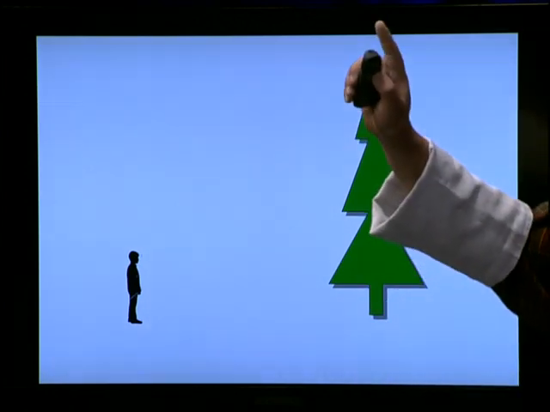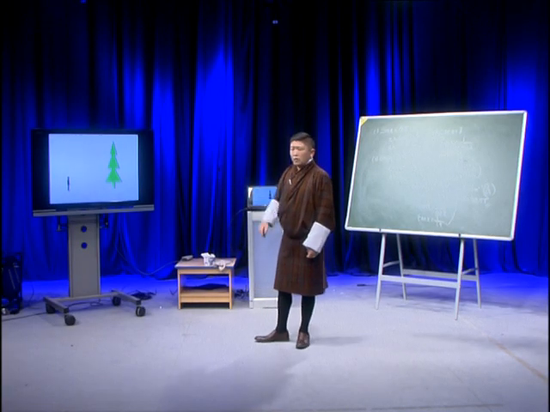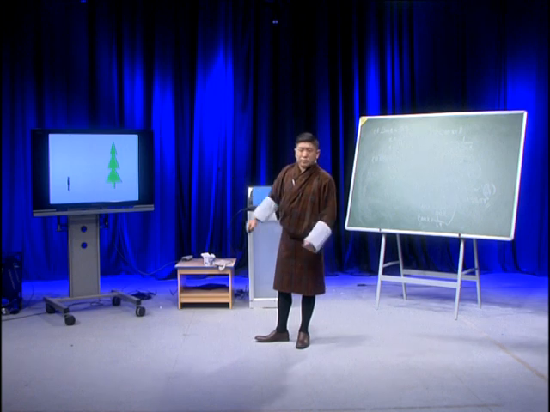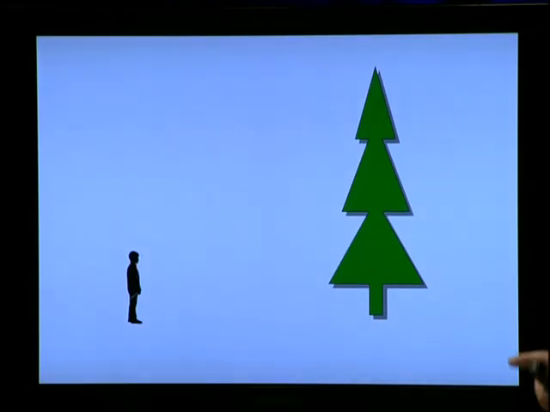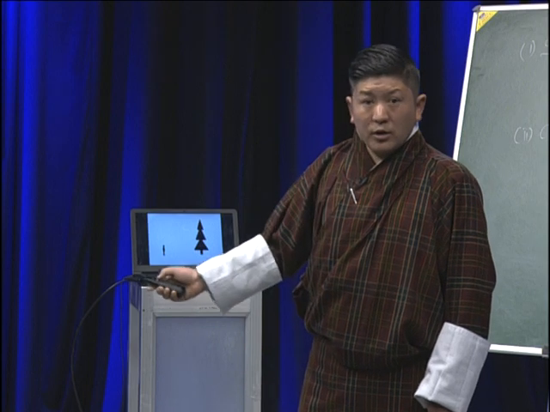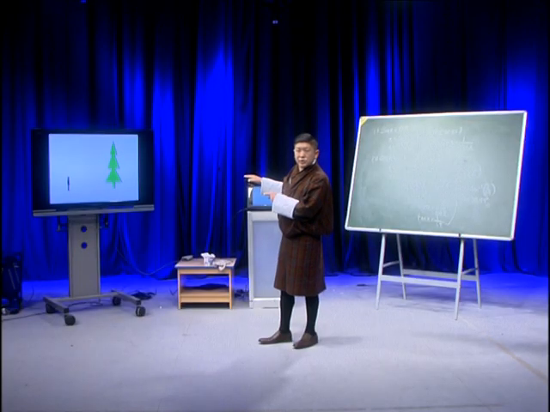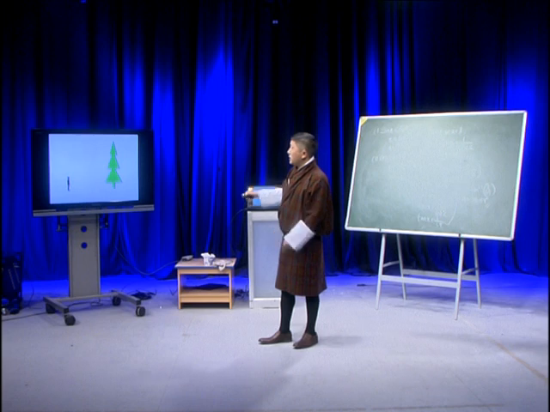If the tree is short, it's quite easy for us to measure the height. But when it comes to a tall tree, it's quite difficult to measure the height of the tree. So in this case, trigonometry comes in and it can measure the height of the tree.